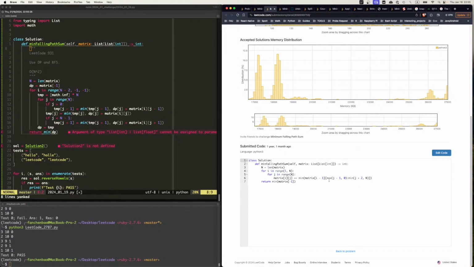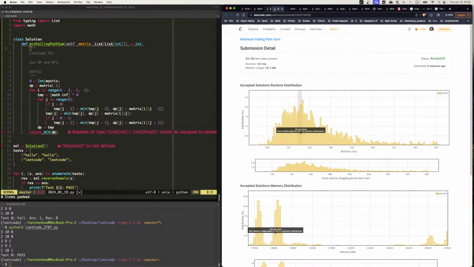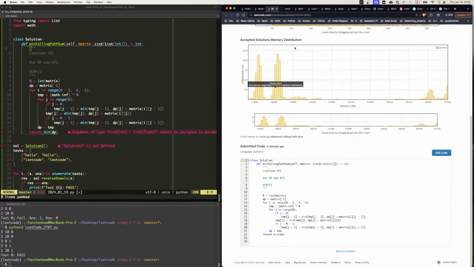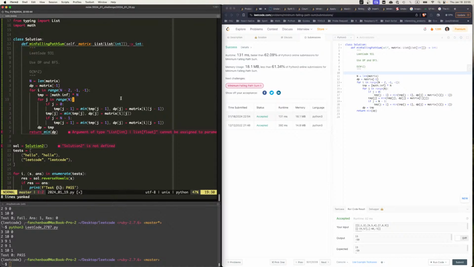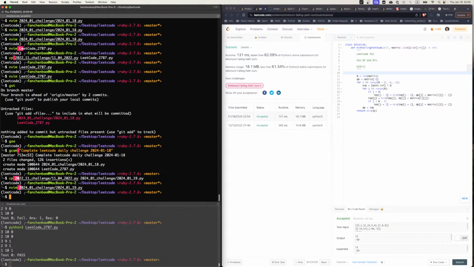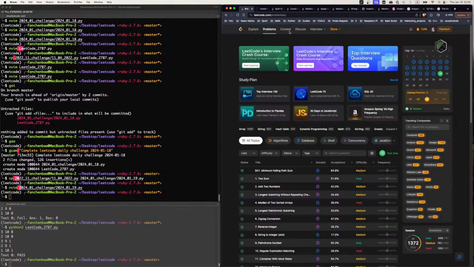I think it's slow because of the slicing thing. Yeah, that's fine. It's the same idea. Okay, so that one's good. We're done, and move on.